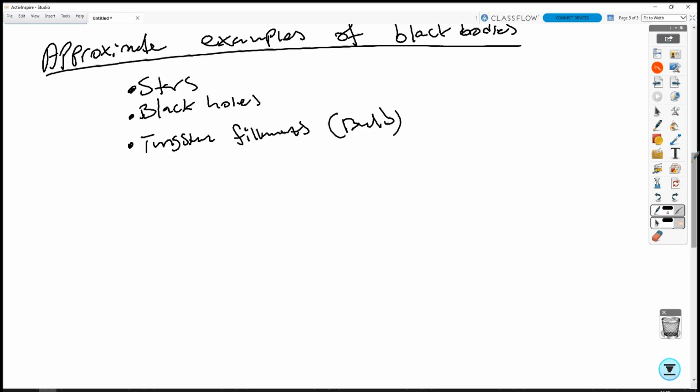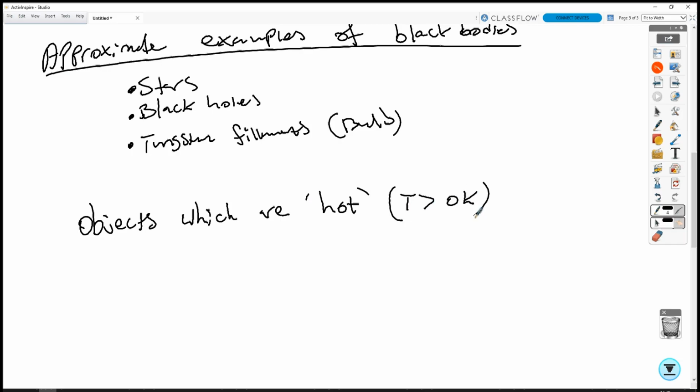So let's capture this down. Objects which are hot, which means that temperature is greater than 0 Kelvin, emit electromagnetic radiation.